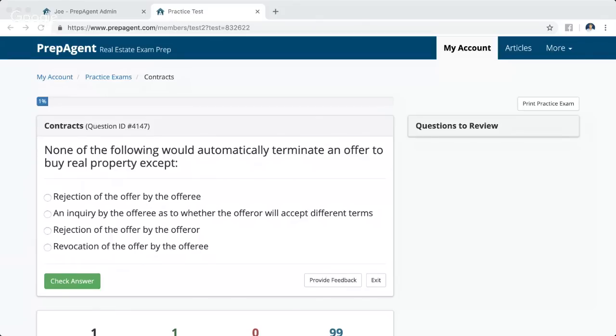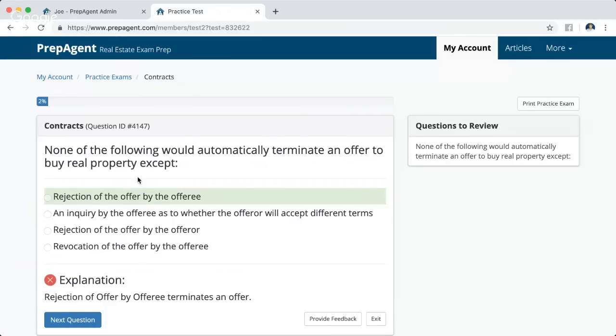What do you guys think? All right. And the answer is A, rejection of the offer by the offeree. Okay, rejection just terminates the offer. Don't get too fancy, guys.